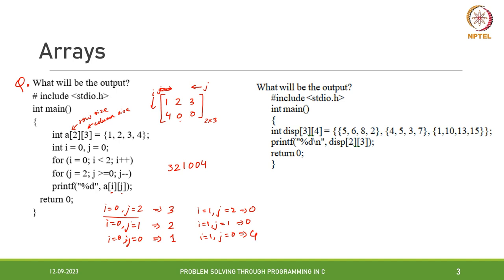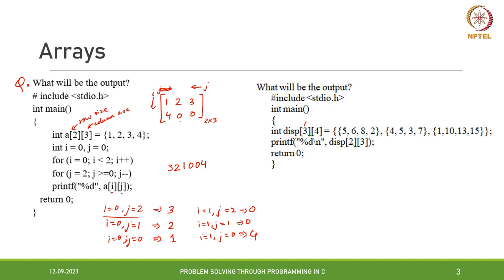So it considers that you have initialized the array in row major form, so the first 3 elements it will put into the first row, and then only one element is there, so it will put it in the first column of the second row, and the rest of the elements it will just set to 0. If there was another row here, then that would have also been 0, 0, 0.